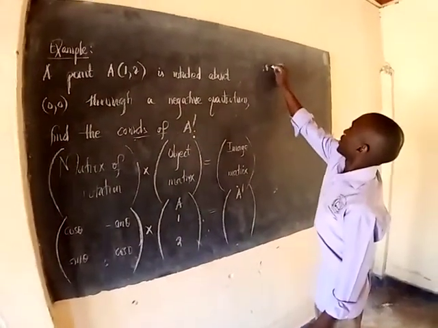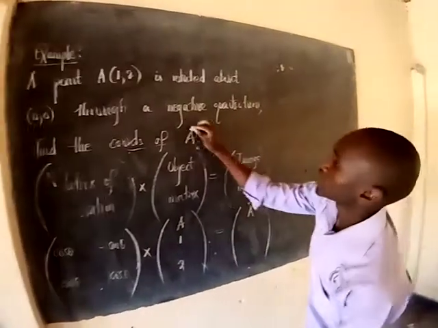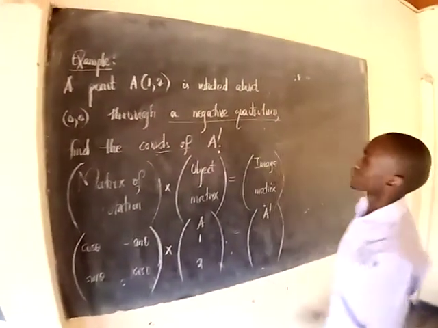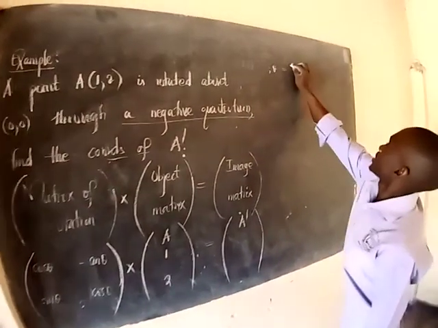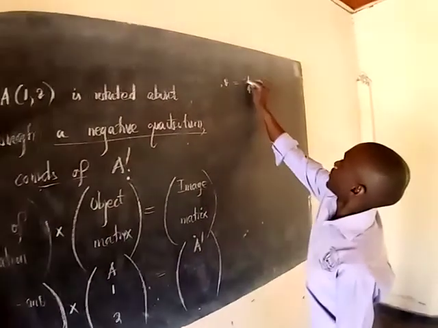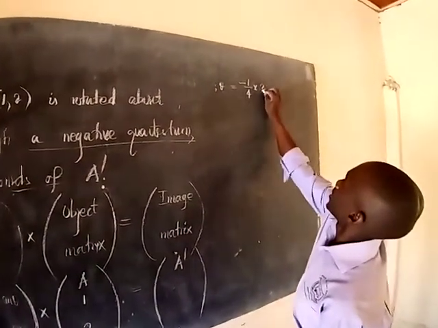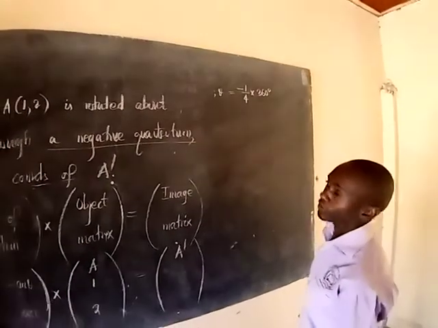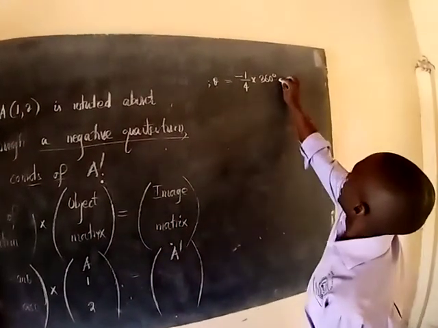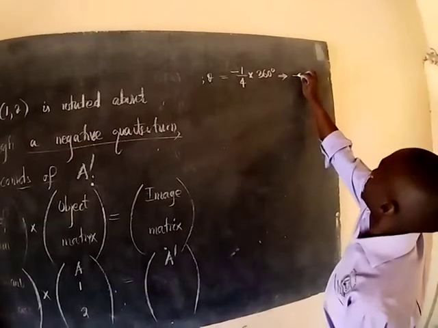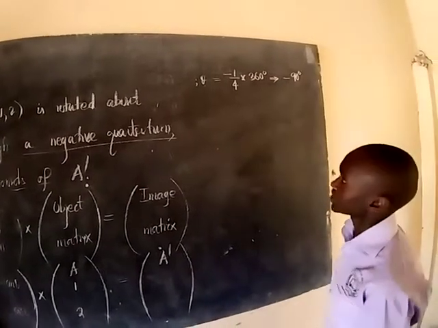However, the angle of rotation, we have been told it is a negative quarter turn. And that means this will be negative 1/4 times the complete revolution, which is 360. This gives us negative 90 degrees.